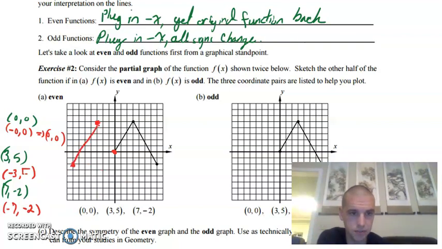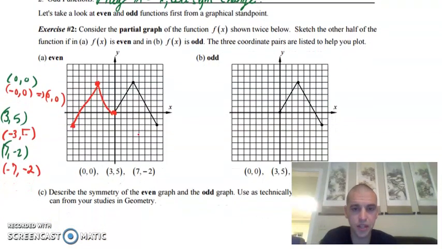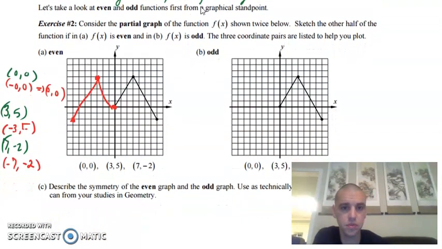I connect them. Poorly drawn last line there. But what happened? How does the red compare to the black? Now I'll let you think on that one while we go to the odd. So keep thinking while we look at the odd one.